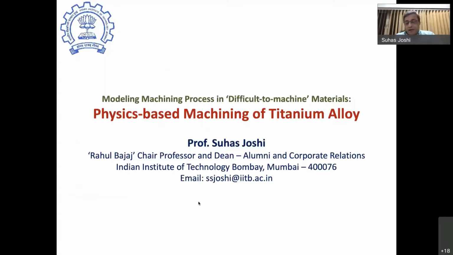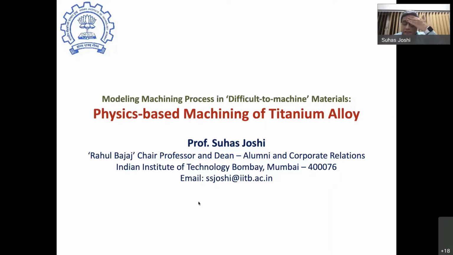So I'll be talking about a little bit traditional topic of machining of difficult to machine materials, and I have taken a subtopic of physics-based machining, in the sense of understanding the several smaller phenomena which happen during the machining processes, and then trying to model them.